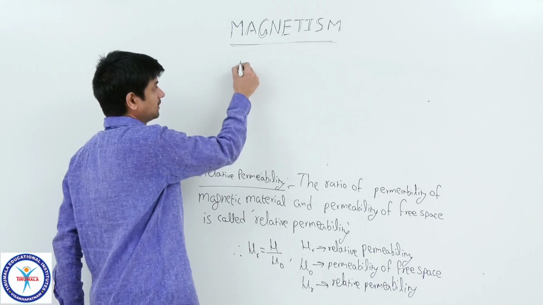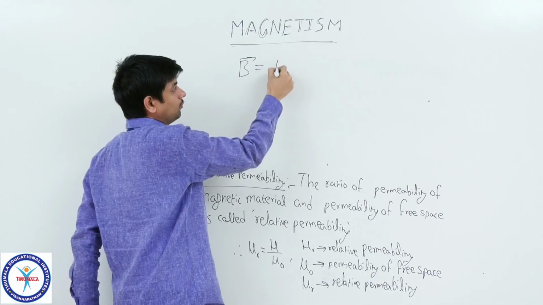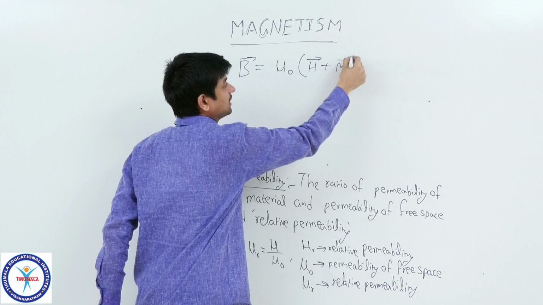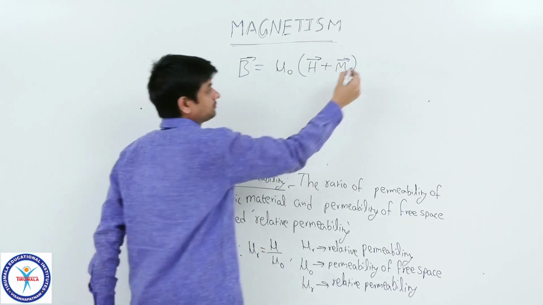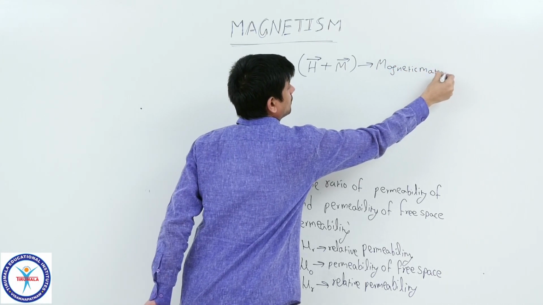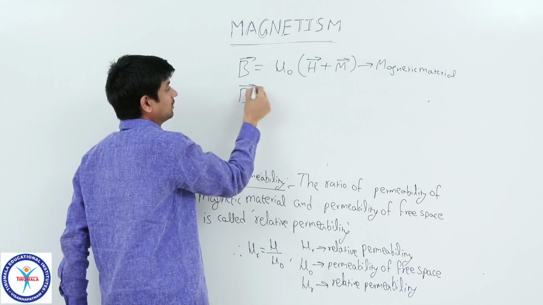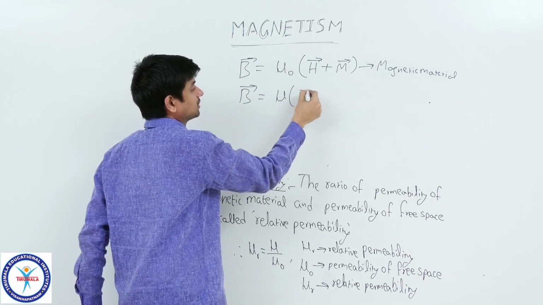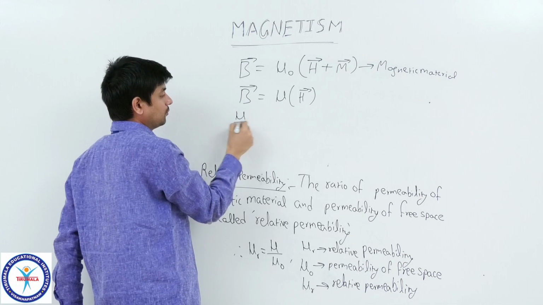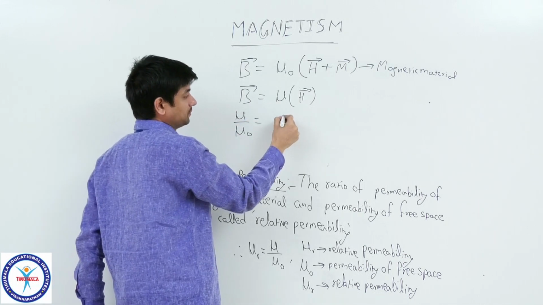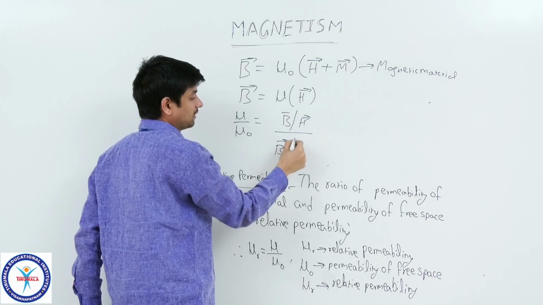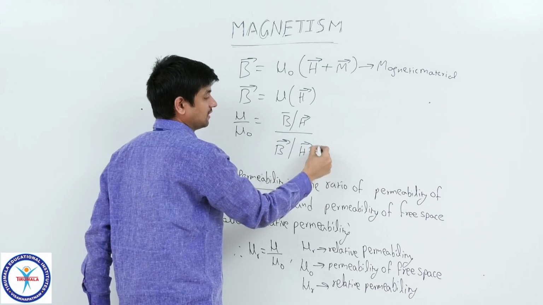So if you take that magnetic field B bar equal to mu naught times the magnetic field from the source plus the magnetic field internally generated in the magnetic material, this can be written mu into H. So from these two, if you take the ratio mu by mu naught, you will get the answer B bar by H bar divided by B bar by H bar plus M bar.